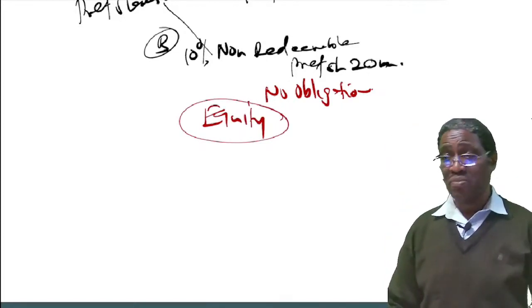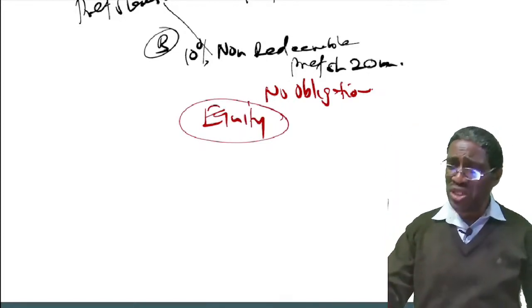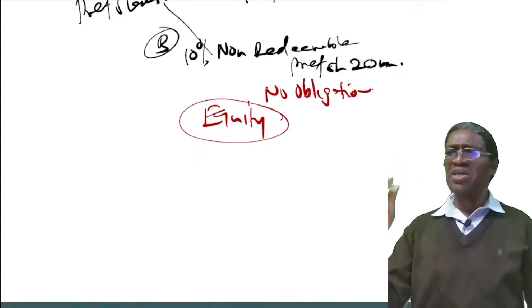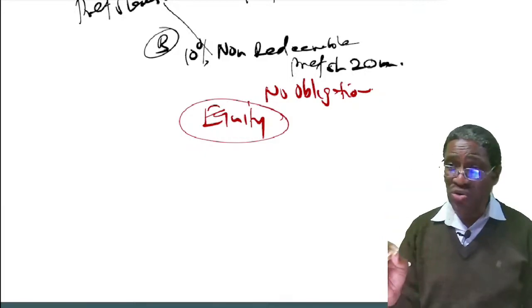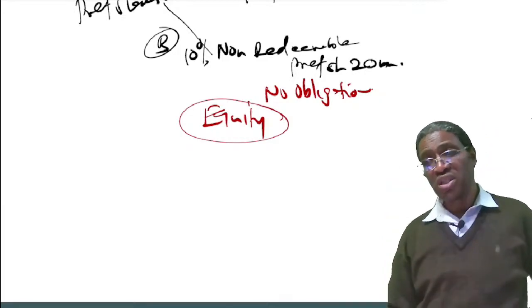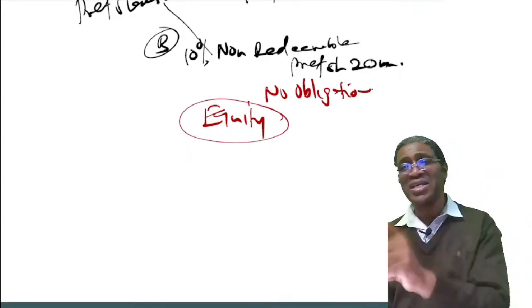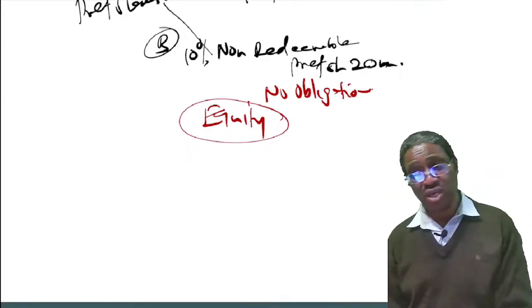Meaning what? Meaning where you normally show ordinary share capital, share premium, general reserve, revaluation reserve, there also you will include the 10% non-redeemable preference shares. Are you there now?